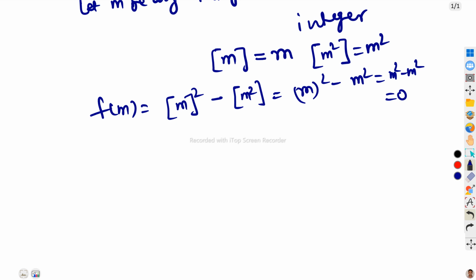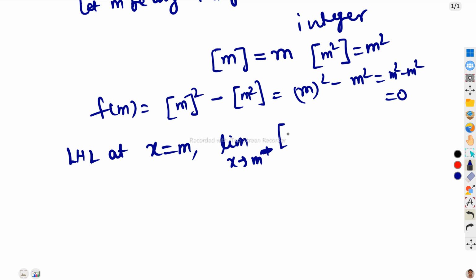First of all, we calculate the left hand limit at x equals m. We know the left hand limit is the limit as x tends to m minus, of bracket x square minus bracket x square.